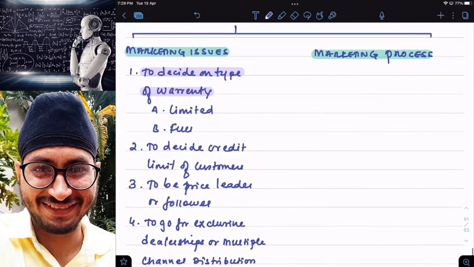Next. Then I told you the second point, that is marketing process. What is marketing process?